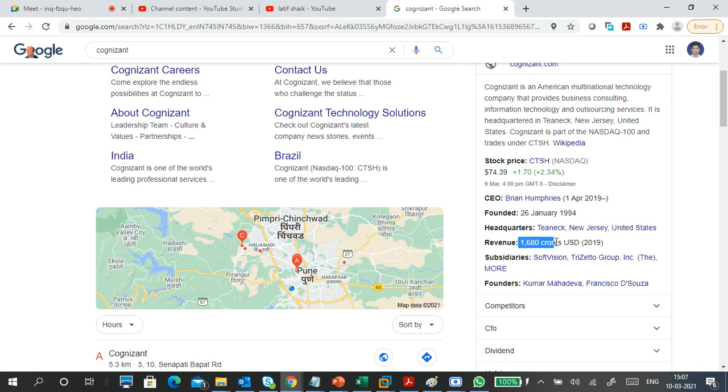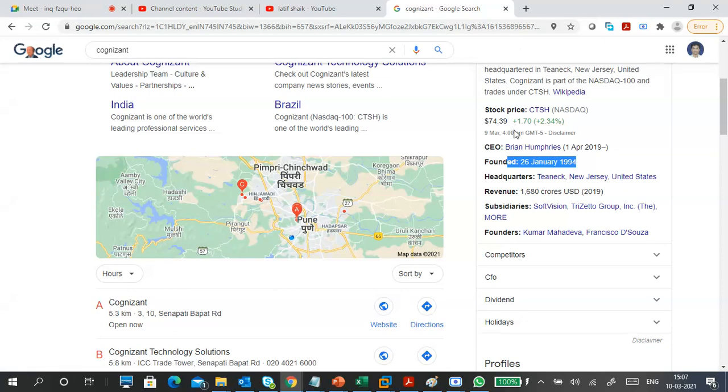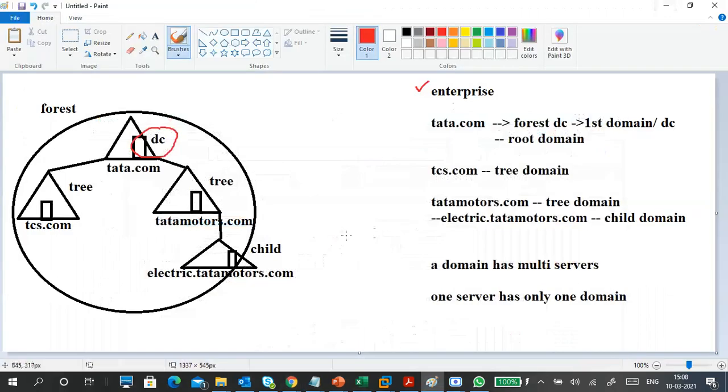So the 2019 revenue is 1.68 billion or 1680 crores as per Google search. Founded in 94, January 26. Headquarters New Jersey. Brian Humphreys. Otherwise, put it in Google and spell it properly, repeat multiple times. I don't know how to spell it properly either, there's a lot of confusion in that.